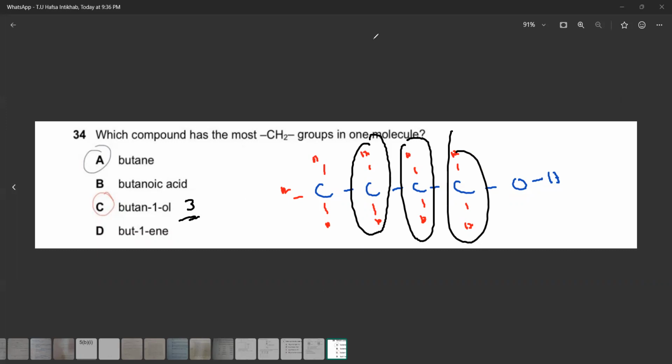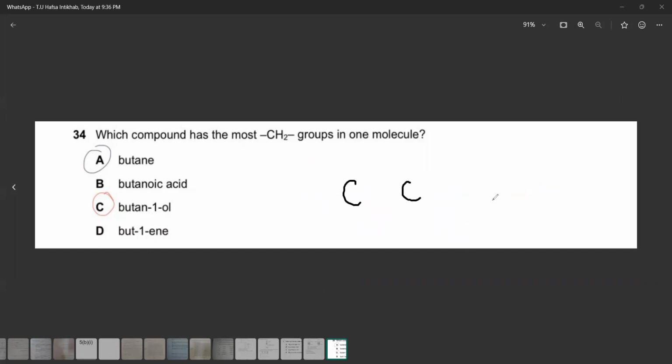And when we check for but-1-ene, but means 4 carbon, and there's a double bond here because it's but-1-ene.